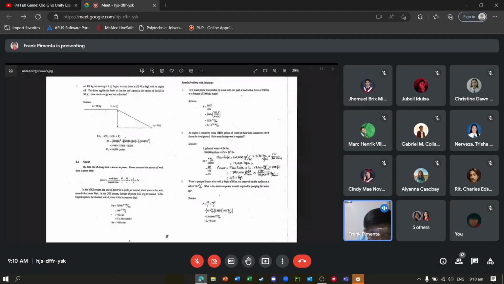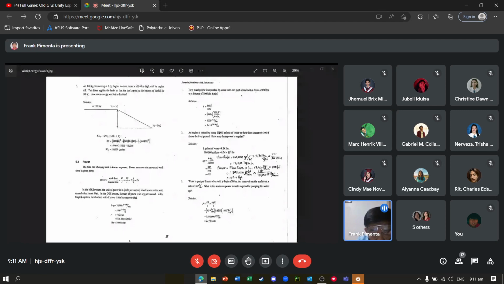Now there are problems here. In problem number 1, the units used are pounds, feet, and minute. So this system of units is the English or British system because of the feet. According to the statement here, if the unit is in the English system, the power must be expressed in horsepower.